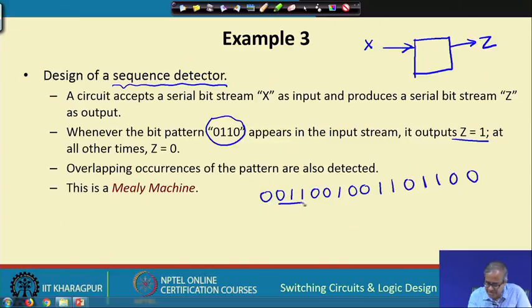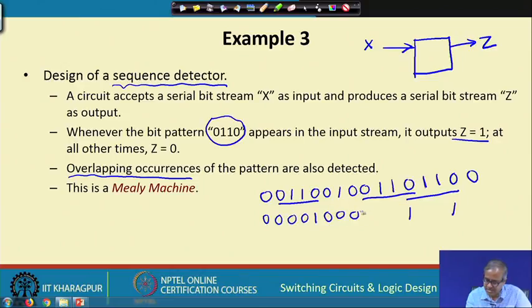See, one place it is here, one place it is here, and there is an overlapping pattern here. So, I am assuming that overlapping patterns should also be considered. The 0 1 1 0 before which finishes, the second pattern starts. So, in the output there will be a 1 out here, there will be a 1 here, there will be a 1 here, all the rest of the bits will be zeros.